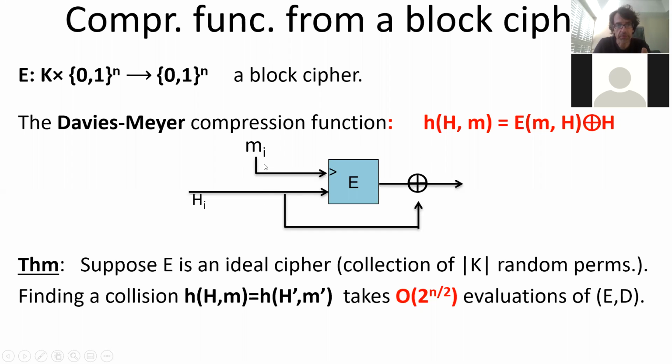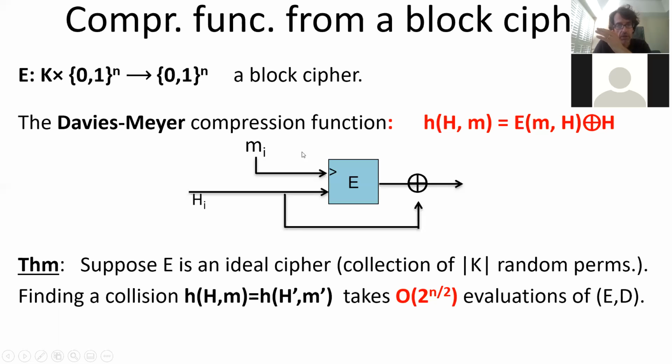In the context of a Merkle-Damgard compiler, the input here would be the intermediate, so-called chaining variable, h_i. The output will be h_{i+1}. And this input will be the ith block of the message that you are hashing using Merkle-Damgard.